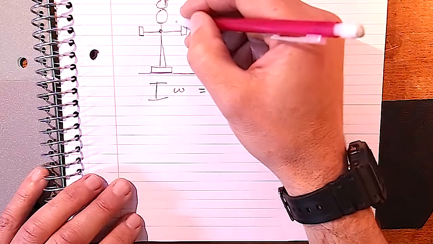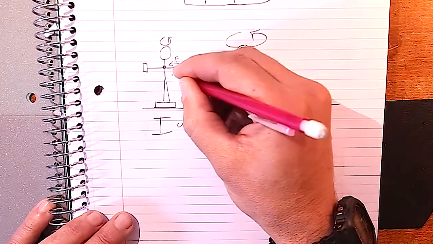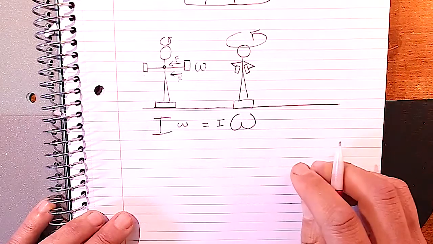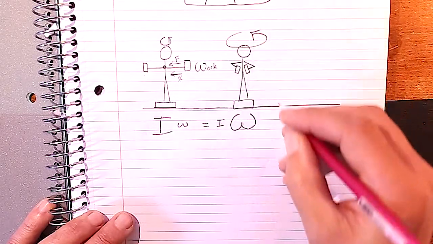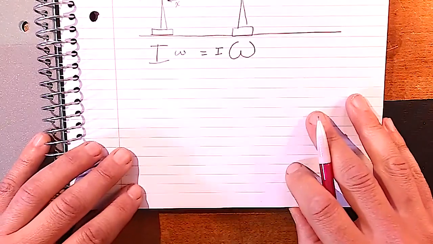When you pull your arms in, there's a force in the direction of the displacement x, which tells us that work is done. So this isn't angular velocity, this would be work. If work is done, then your kinetic energy is going up.